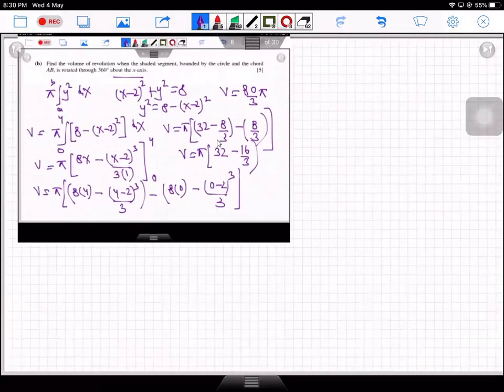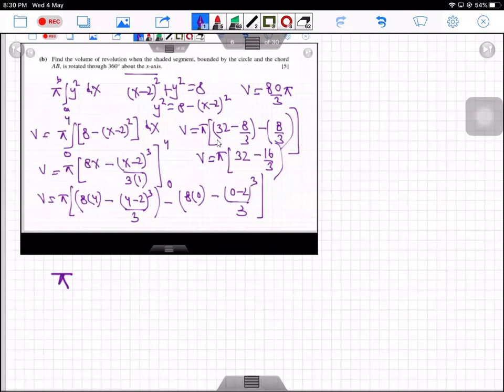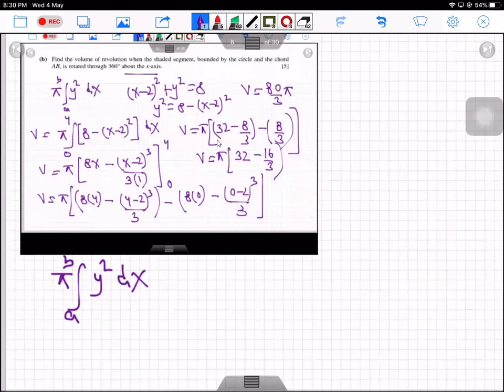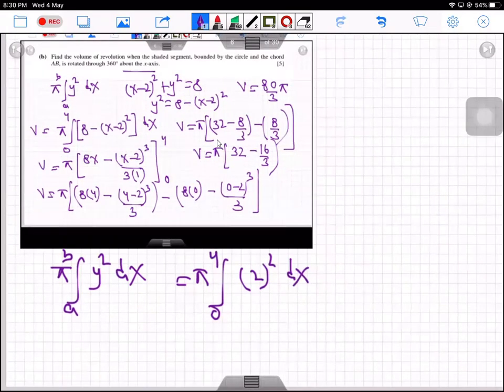So pi multiplied by the integral of y squared with respect to x, upper limit b and lower limit a, and this straight line is y is equal to 2. So pi multiplied by the integration of 2 squared with respect to x, upper limit 4 and lower limit 0.